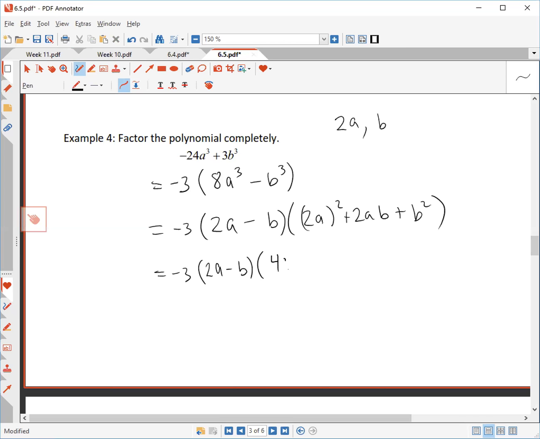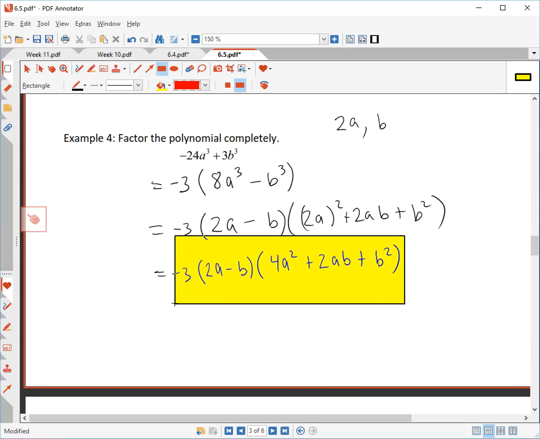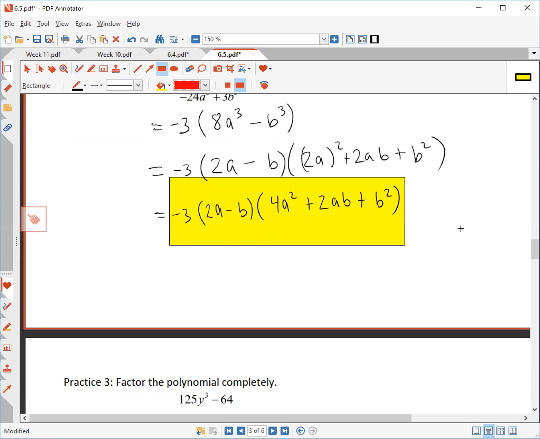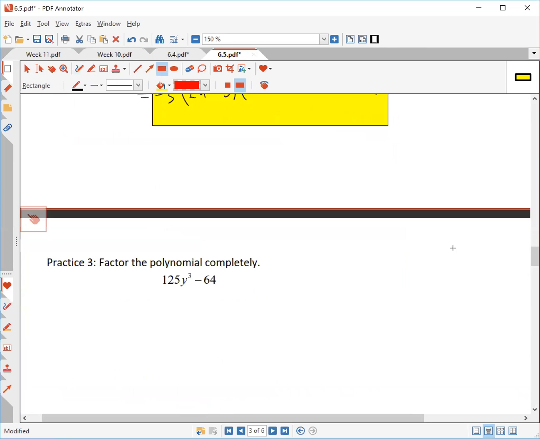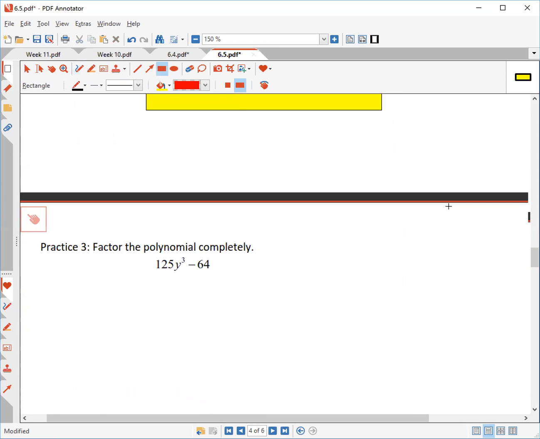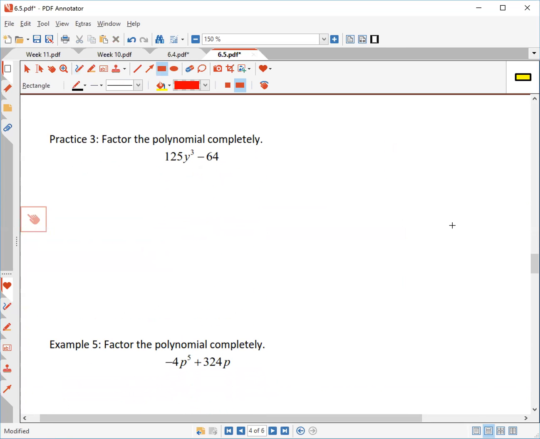That gives us 4A squared plus 2AB plus B squared. All right. Cubes should be pretty fresh in your mind by now, so try that one out.